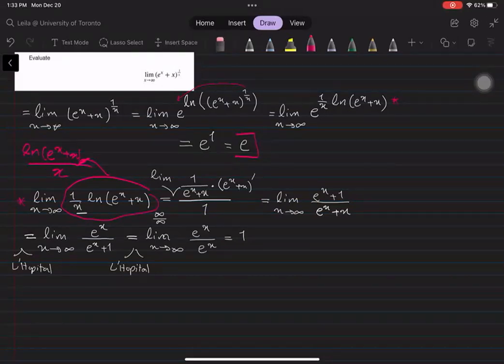I don't think so. I'm pretty sure we can just use L'Hopital. So just know where you can use it, and then just say you can use it.